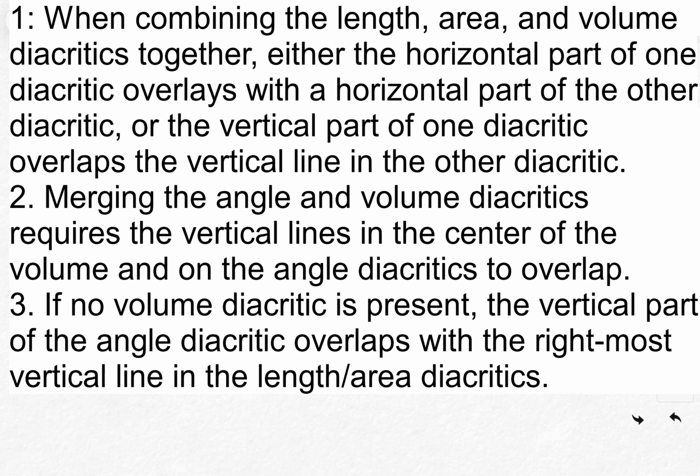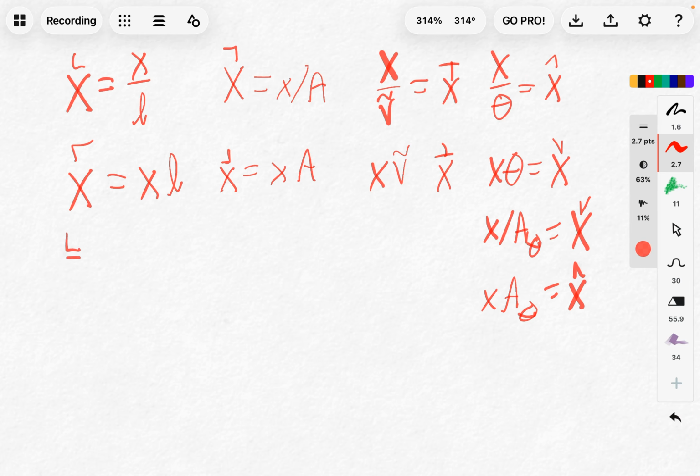The first rule is that when looking at the length or area diacritics and combining them with volume, you combine them such that one leg of the diacritic is overlapping one leg of the volume diacritic. When overlapping, you can do this, this, this, or this with volume, and of course, a similar thing applies with the multiplication diacritic.